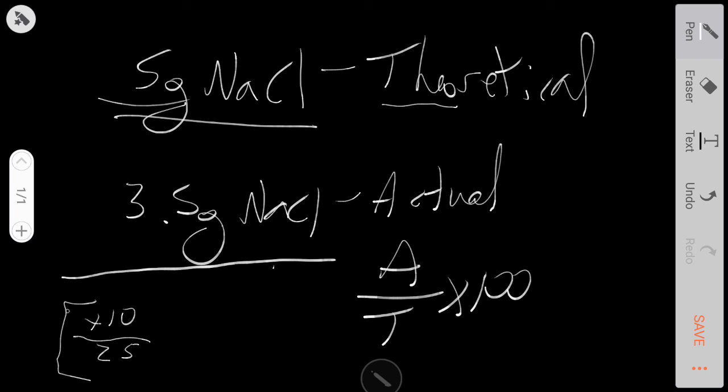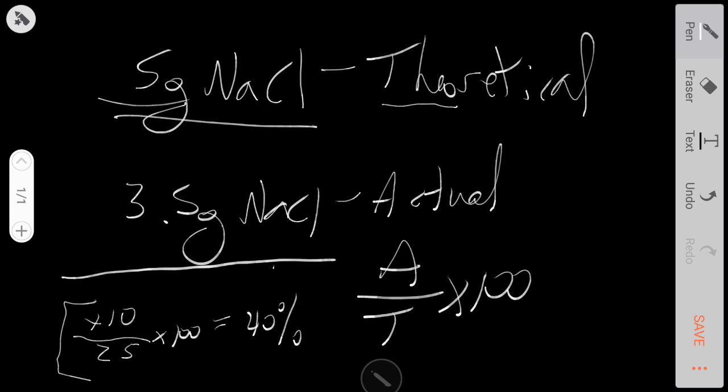Every time I write your grade, you're like, oh, sir, what does plus 10 mean? I'm telling you your actual yield on every test. And theoretically, you could have gotten whatever the amount is out of. So let's say you got plus 10 out of 25. You'll do 10 divided by 25 times 100. And what do you know? If you got a 10, you got a 40%. Good for you. Stay in school.